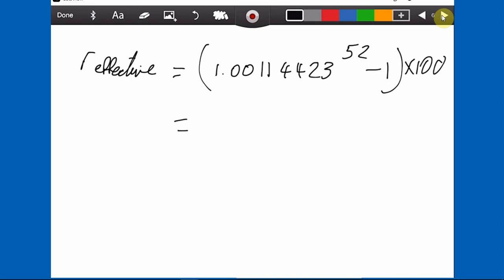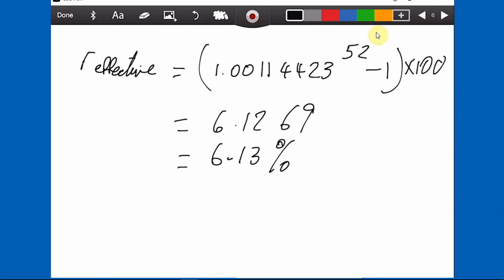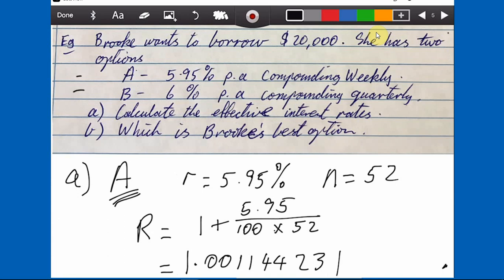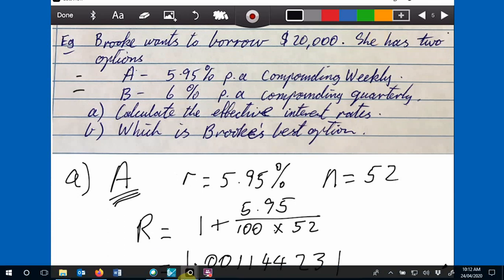And when you put that in your calculator, you get 6.1269, or to two decimal places, 6.13% for A.